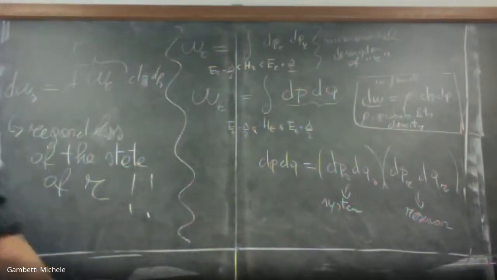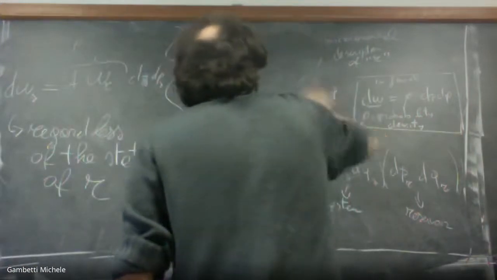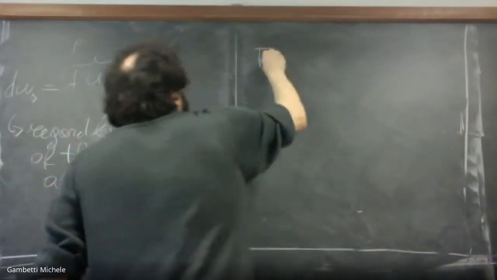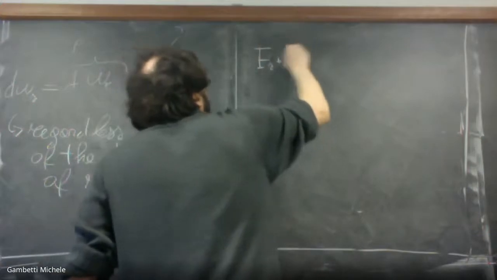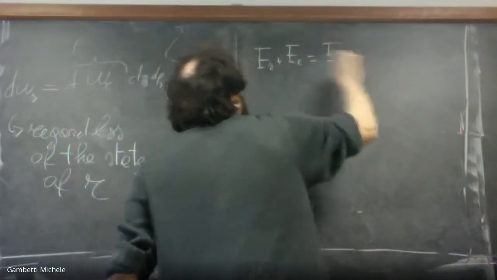Because, of course, a constraint that I have to impose is that ES plus ER is equal to E total.